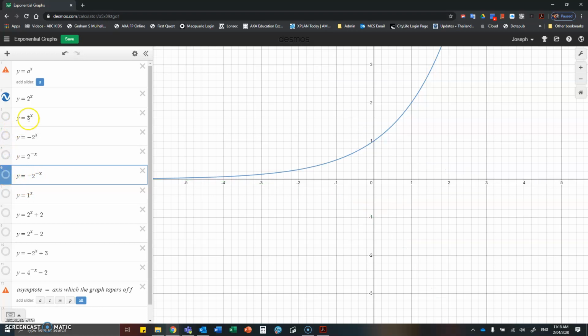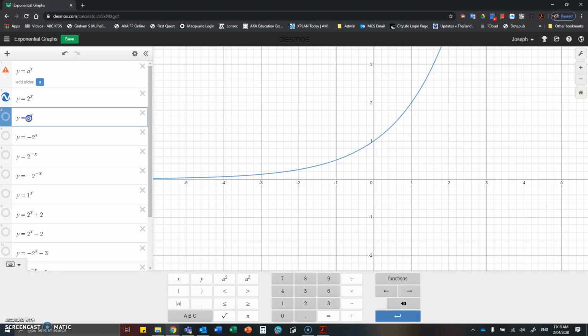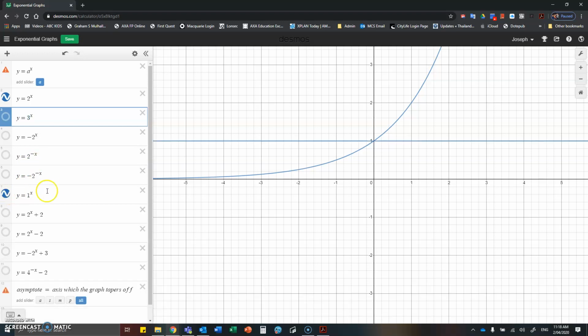We've noticed that if we make the a value bigger, it gets steeper. But if we make it less than 2, you'll notice that once we hit 1, something strange happens and it becomes a flat line. And you go, why? Because x is your power, and we have a base, and it should be shallower in a sense compared to y equals 2 to the power of x.